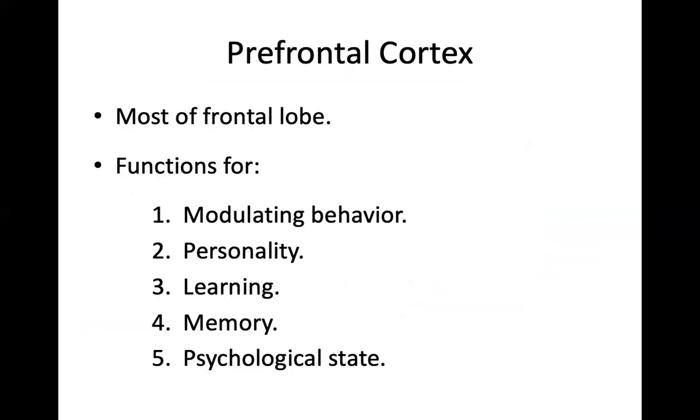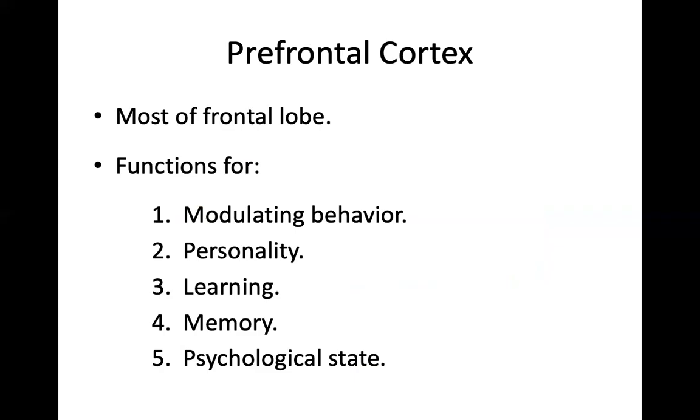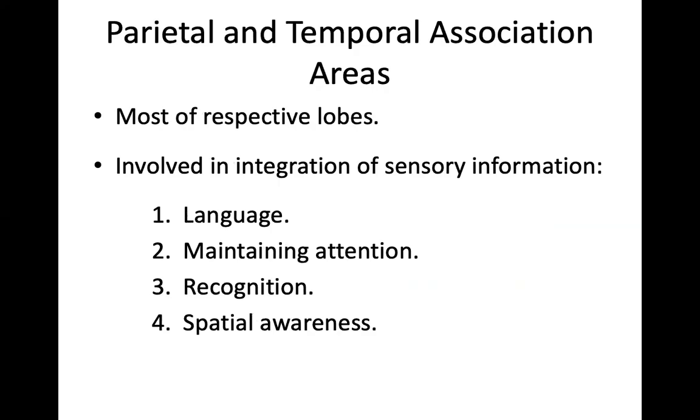The prefrontal cortex, right? You see on the left side. That is important for modulating behavior, personality, learning, memory, and psychological state. Parietal, temporal, they have their own functions for language, maintaining attention, recognition, and spatial awareness.